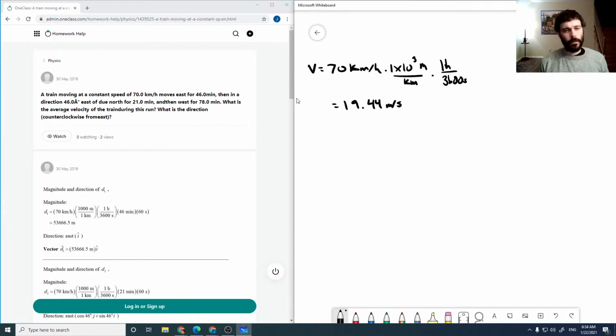So we have 3 directions that we're given here. For our first one, it says that we move east for 46 minutes. I'm going to set up an axis system, and in this case I might as well use i and j.